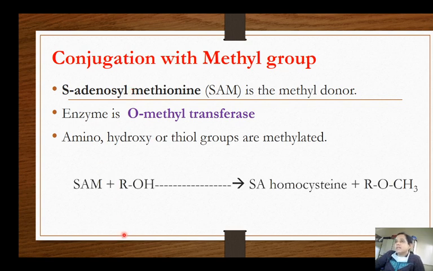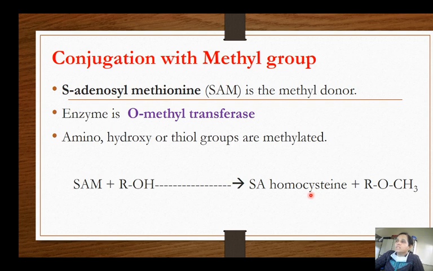Now, consider a xenobiotic having any of these three groups. This will react with S-adenosyl methionine to form S-adenosyl homocysteine, and then the xenobiotic is getting conjugated. The S-adenosyl homocysteine that is formed, we already have seen in the metabolism of methionine. It first loses its adenosyl group to form homocysteine.